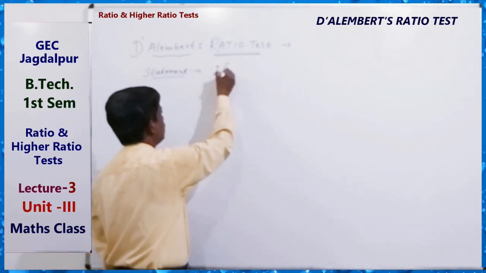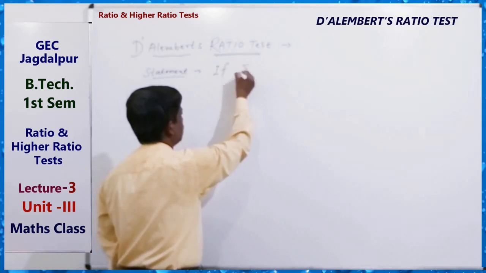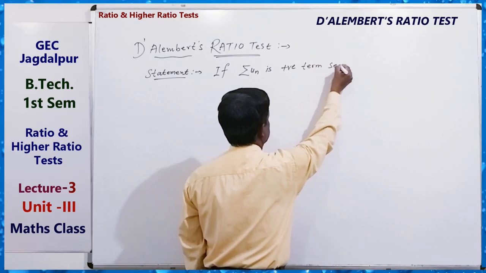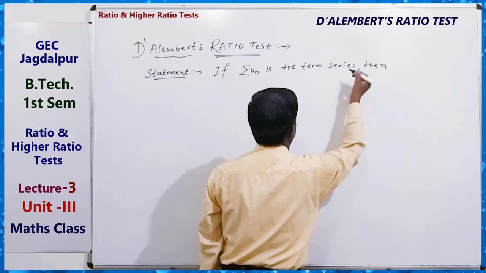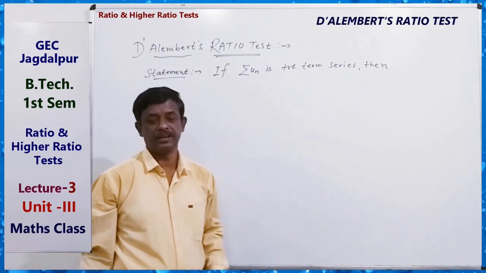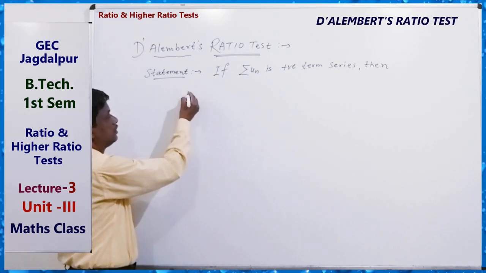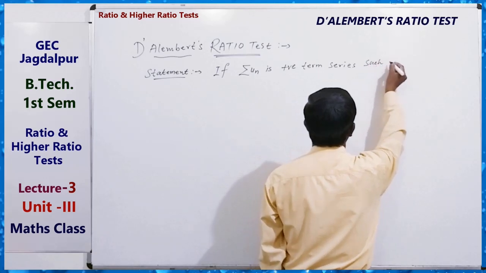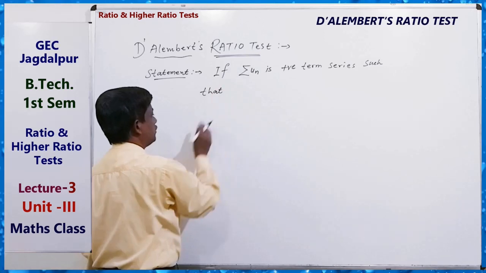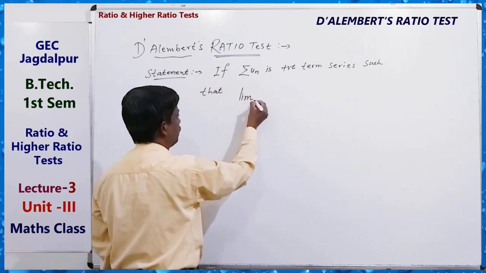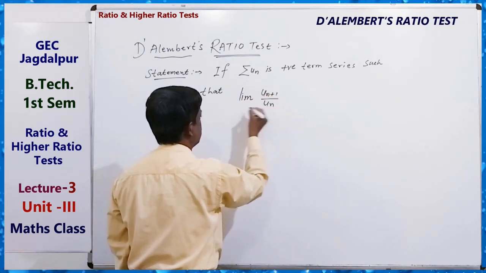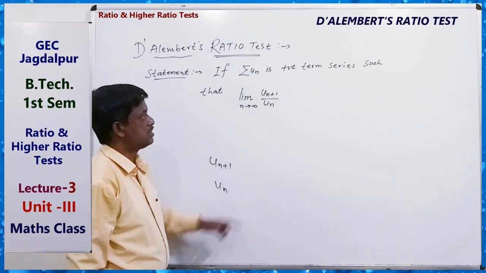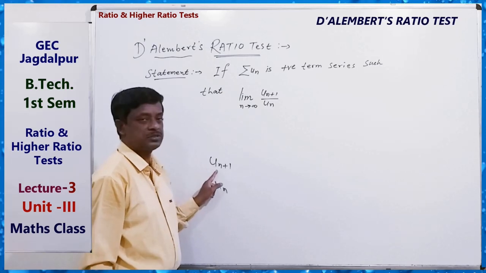If summation Un is a positive term series such that limit of Un plus 1 upon Un, n tending to infinity, equals k. This means we first find the nth term of the series and the n plus 1 term, and divide this by this.